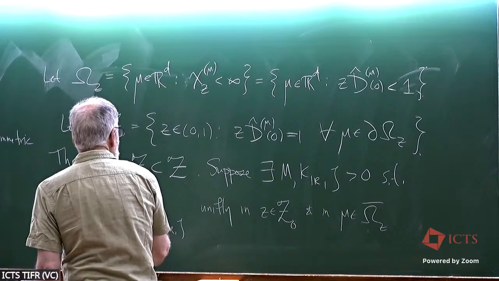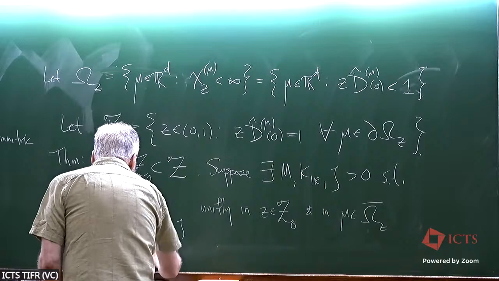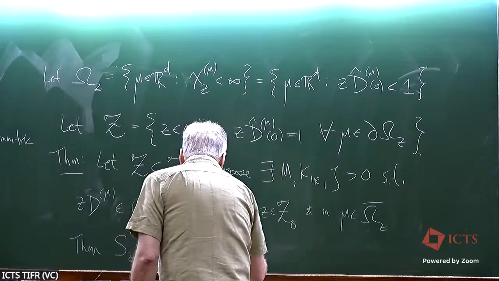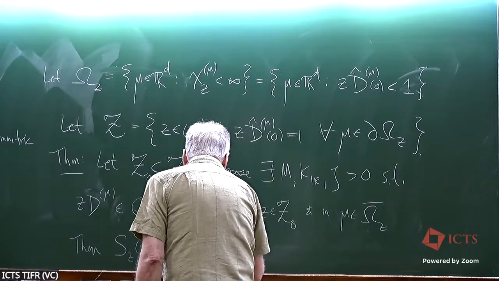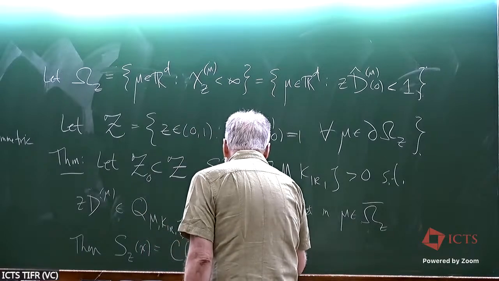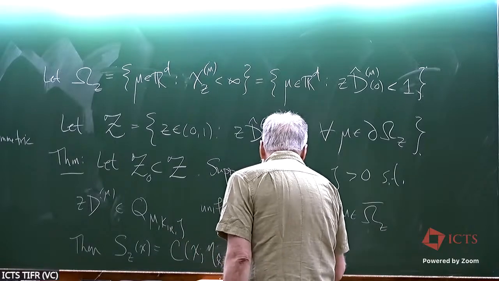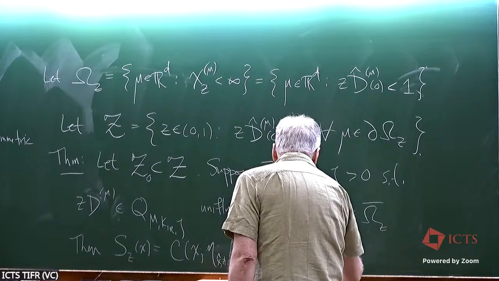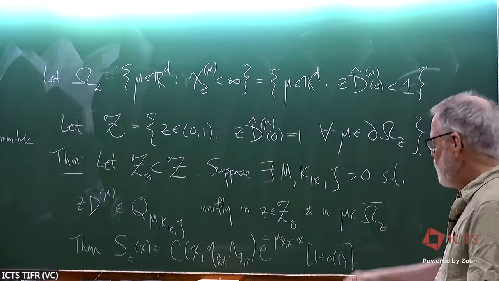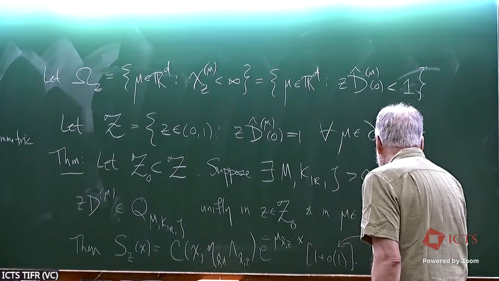But once that verification is done, we get our conclusion, which is that S_z of x is equal to C_z times eta of x hat, lambda of x hat, and these things will also depend on z, times e to the minus mu of x hat, which will depend on z, dot x, times 1 plus the rho of 1. So we get the full crossover theorem, and this error is uniform.